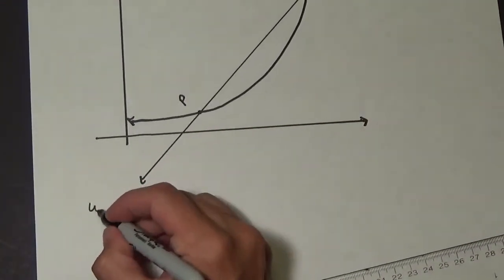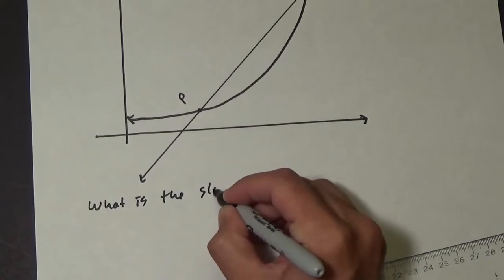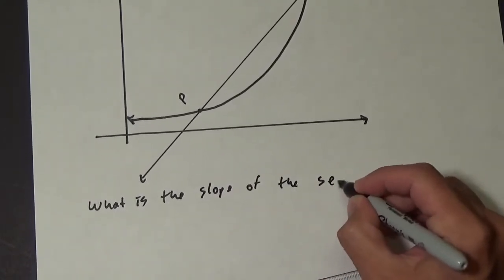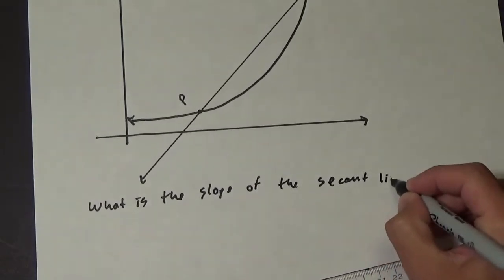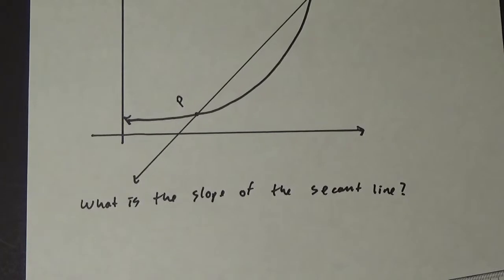So what is the slope of the secant line? And to remind ourselves, a secant line is a line that intersects a curve at 2 points. So back at a circle, if you go through the circle, that is a secant line.